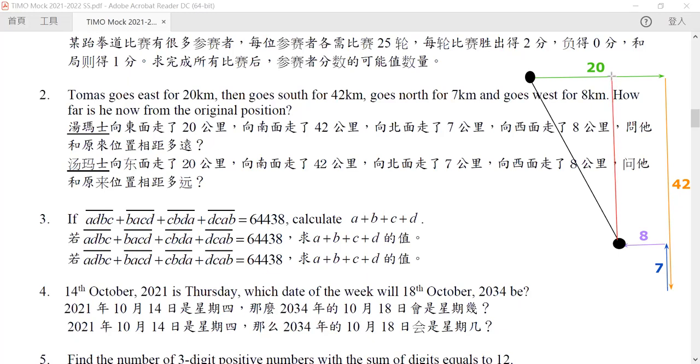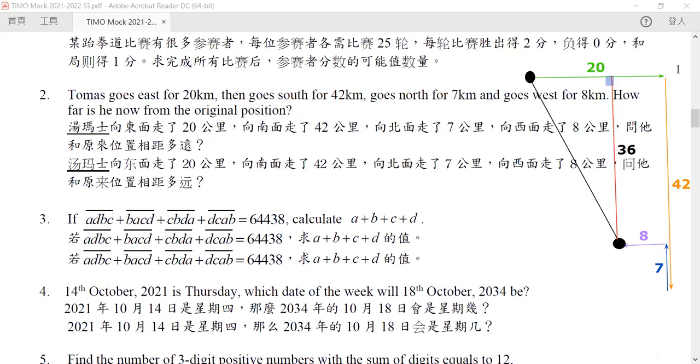So notice that in this question, we can calculate this distance by simply recognizing this is a right angle triangle. Because it goes south 42 and then north 7, in net value it goes south 36.